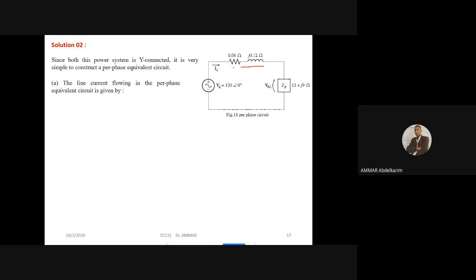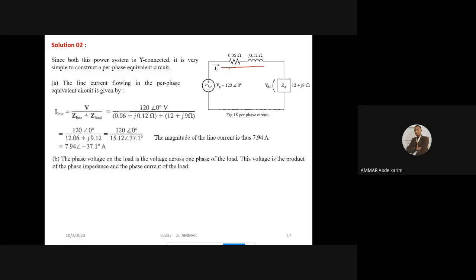But this transmission line will cause a voltage drop. So we take this voltage drop from the phase voltage. The voltage across the load equals the current of the load multiplied by the impedance of the load, and it equals 119.